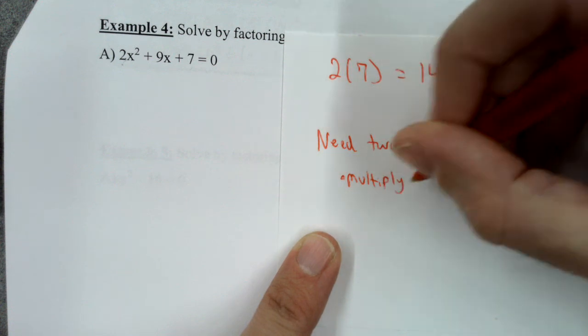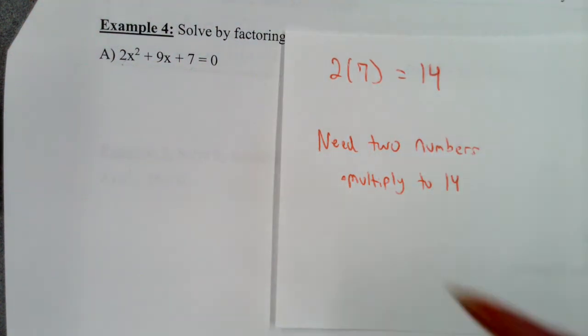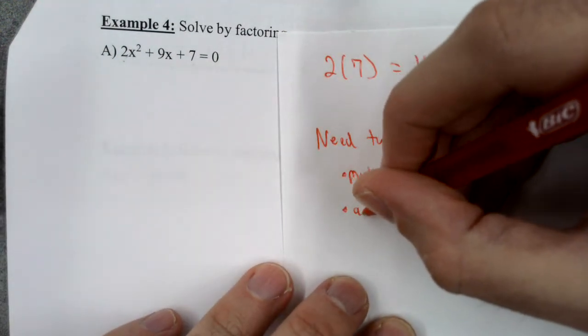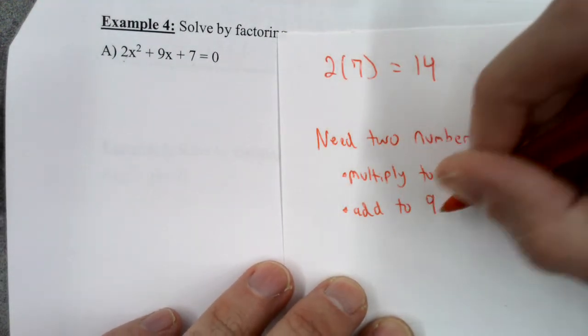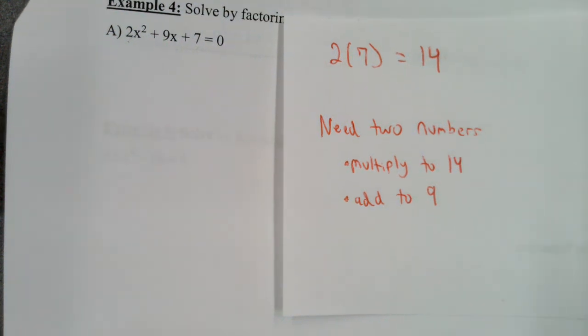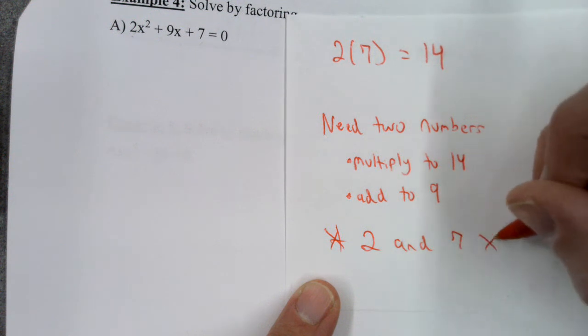This is going to be called factoring by grouping. They have to add to whatever that number is, in this case, 9. So think about the pair. It's going to be 2 and 7.